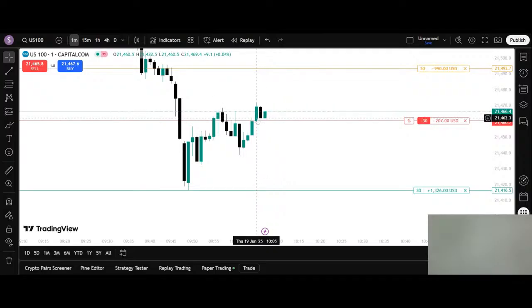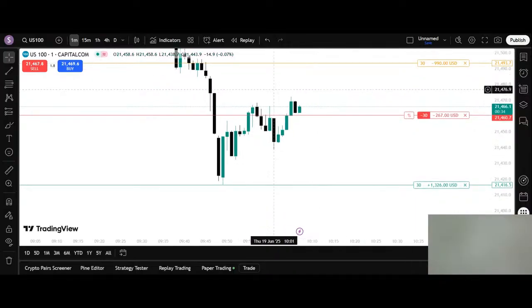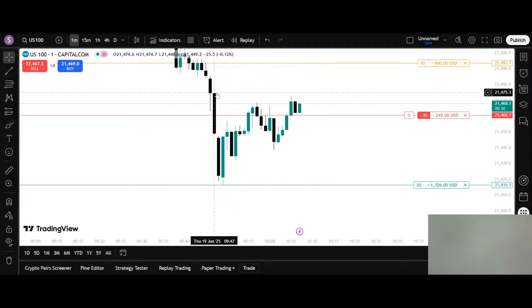I think it has made a tiny, tiny FVG here. Doesn't really matter. This bearish FVG is still untapped. It could hit it before going down. So this one.